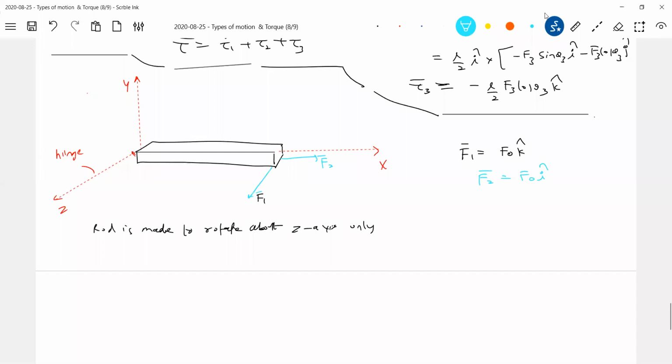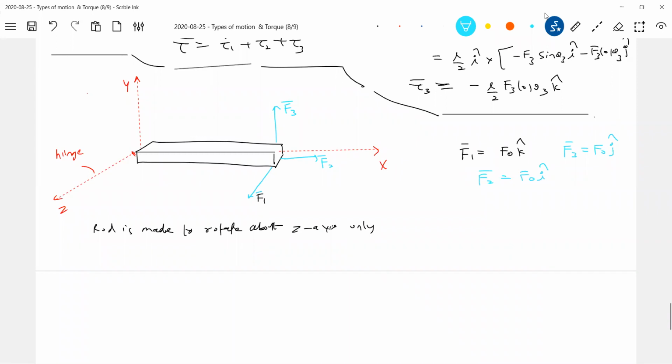Then I apply another force which is parallel to the y-axis, F naught J cap. This is a very important thing which I am putting here. Try to understand, take help of unit vectors.